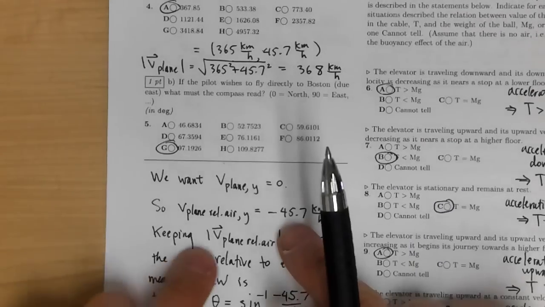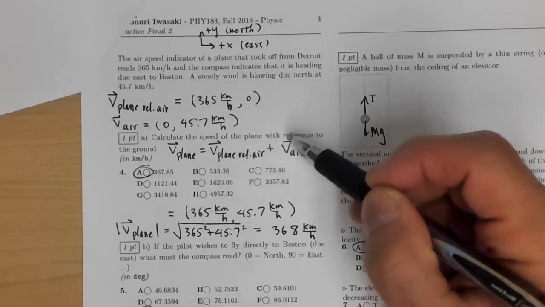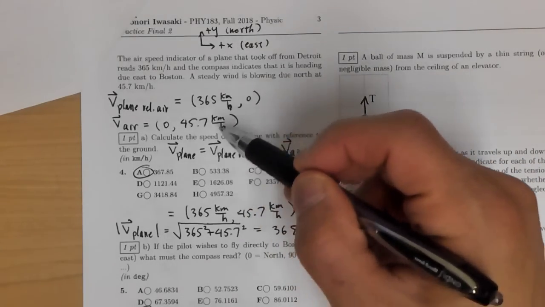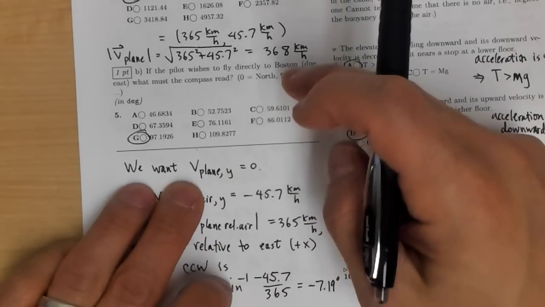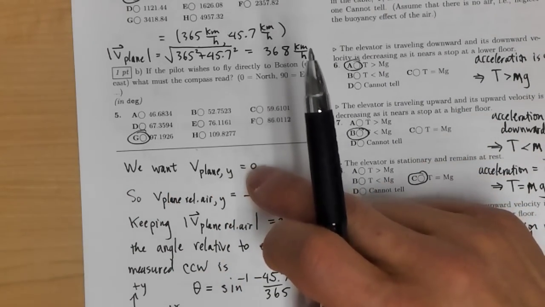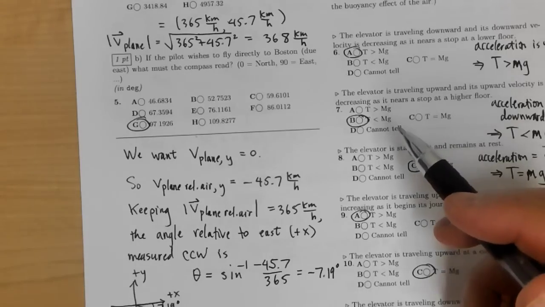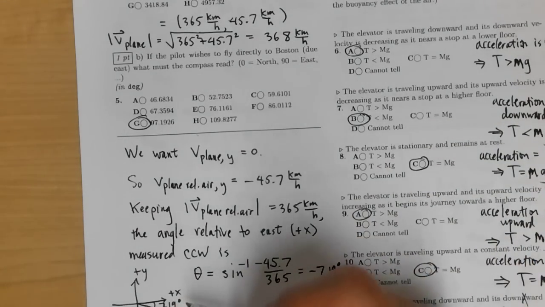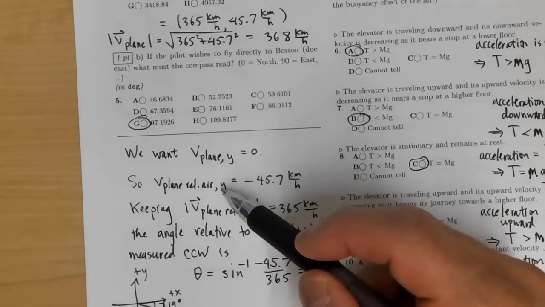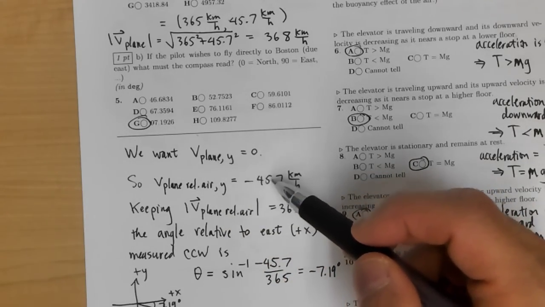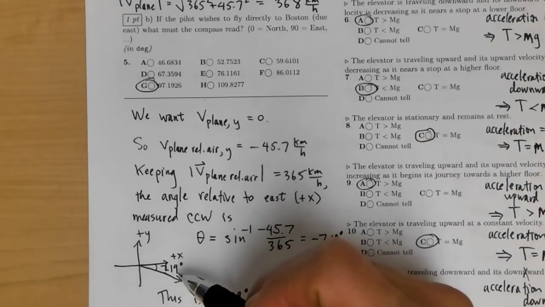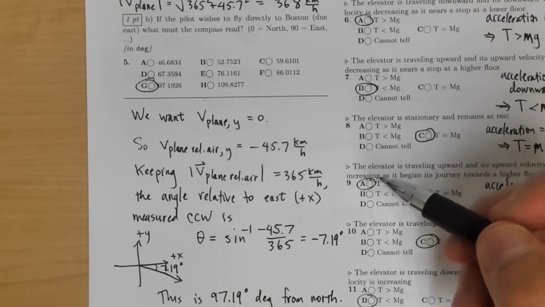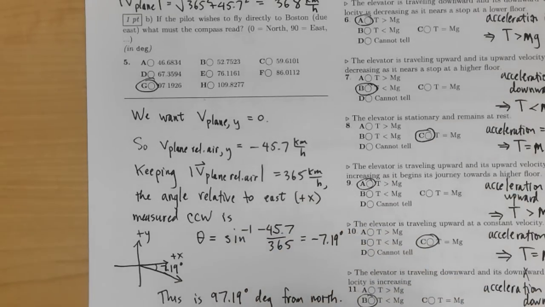So we need this negative 45.7, so that when we add it to v air, there's nothing in the y component, because we want the plane y to be equal to 0. So we need v plane relative to air, y component, to be negative 45.7. So we need this component here to be 45.7, going in the negative y direction.